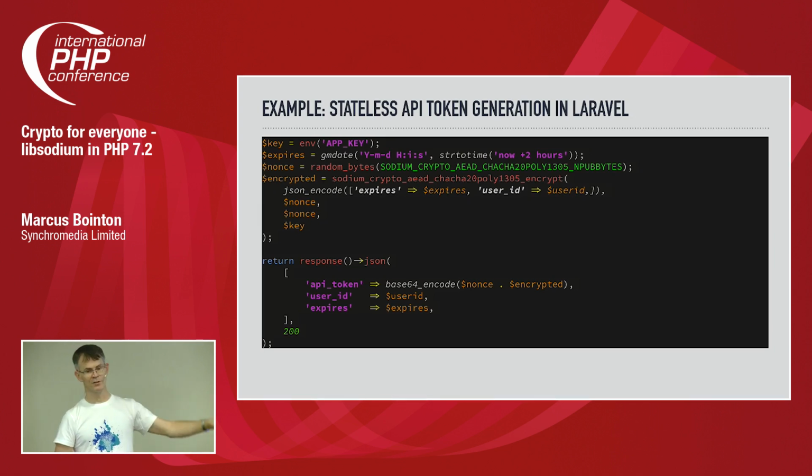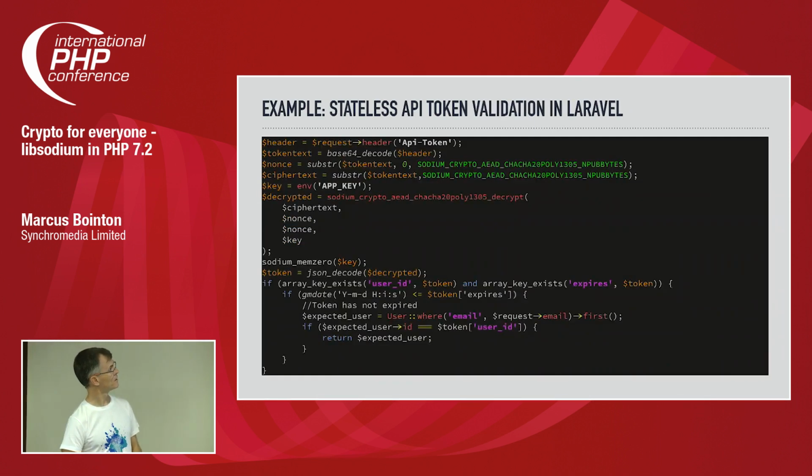Because this is encrypted, and we know that it's authenticated and we guarantee its integrity, it's safe to give it to the client. They can't tamper with it. So we give that to the client, and then if it's in a cookie or in an authentication header, they give it back to us, and then we can just decode it afterwards.